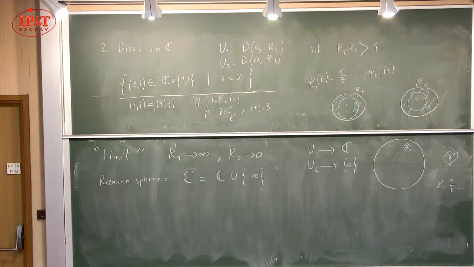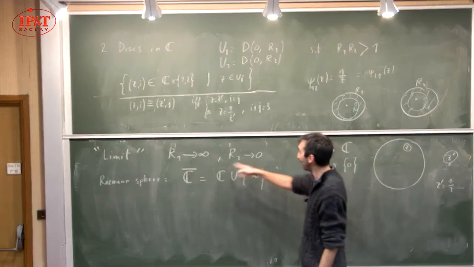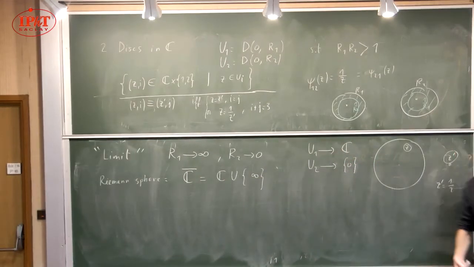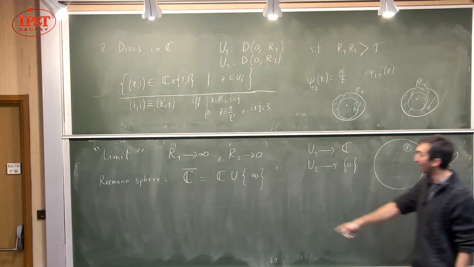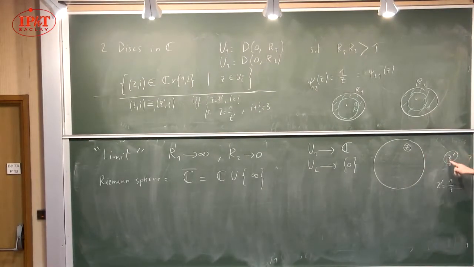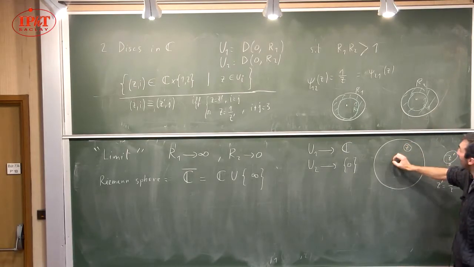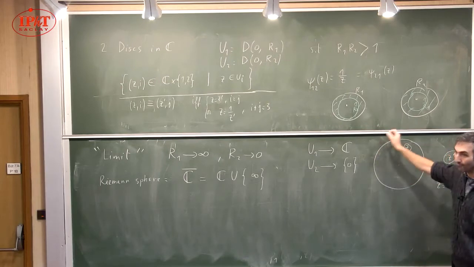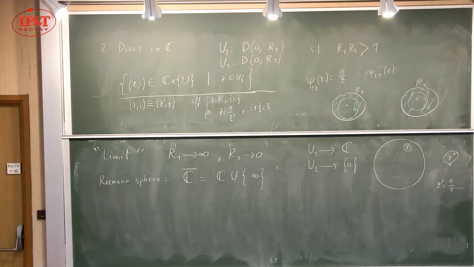And this means that you have to define a neighborhood of this point at infinity, and say how the neighborhoods are defined. So basically you need to put a topology on that space, and define the neighborhoods of infinity. And neighborhoods of infinity in this limit were small disks, and when you bring them over they are big annuli. So a neighborhood of infinity is basically the outside of a circle. Okay.